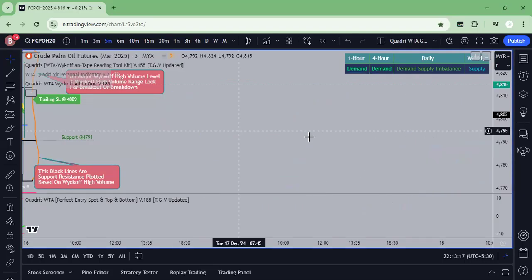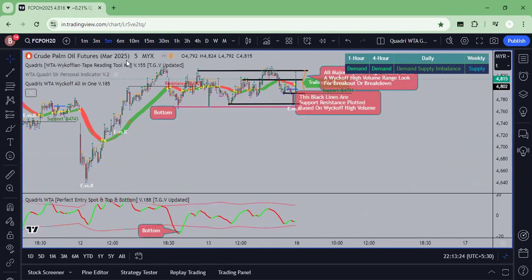I made more than a hundred indicators, but I have come up with this tool, top and bottom. Top and bottom gives us all my indicators, like 155, 185, 188. All these indicators are calculations based on statistical or mathematical correlations between price and volume.